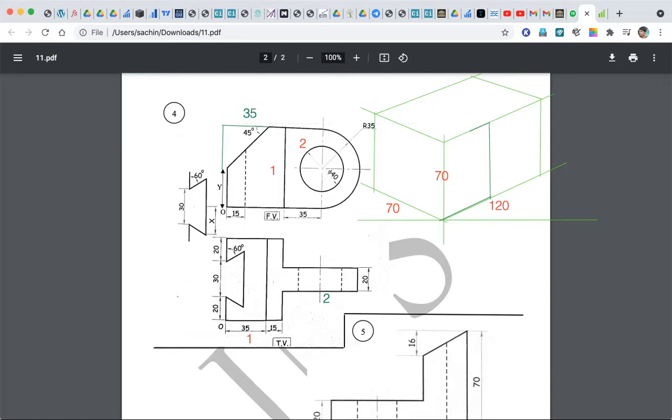So what you do, outside you draw 35 and you draw 45-degree angle. So when you do this, automatically you will get 35 because it is 45, no? So you have to show construction like this and take 35 and join this. So this way you can draw part 1.